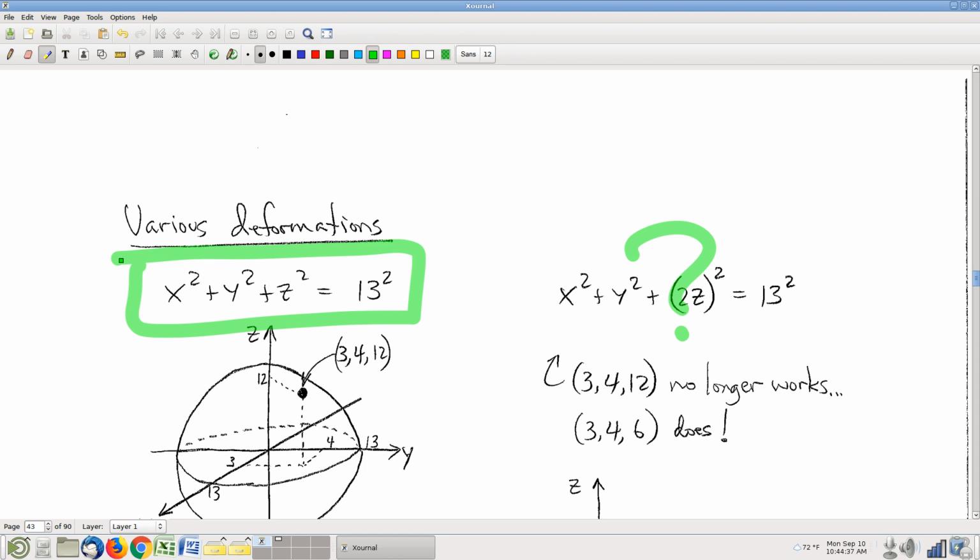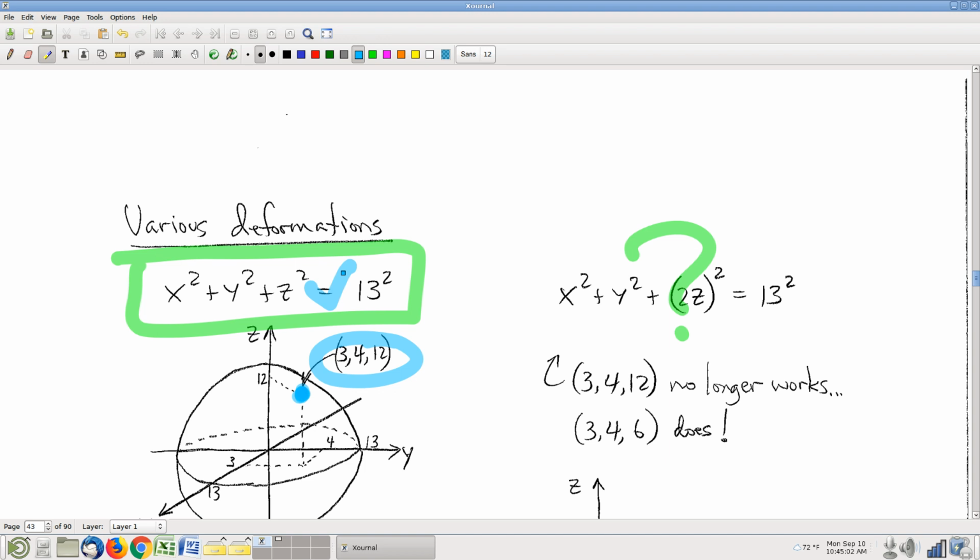I can draw spheres. For example, this point, 3, 4, 12, satisfies that equation. Is everybody happy with my assertion that that's a sphere? Looking at the equation, distance to the origin is 13, again, is what that says. Okay. All right.